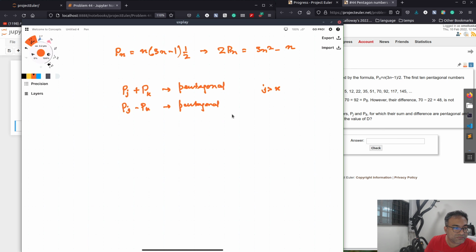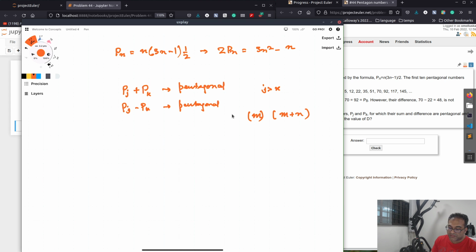Let's change the problem such that we are looking at two numbers, m and m plus n, something like that.